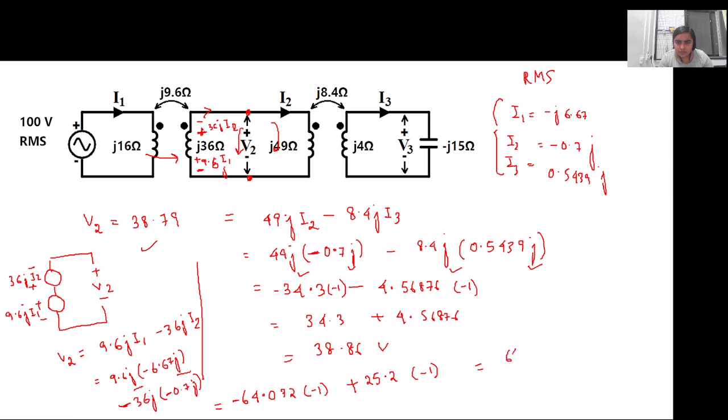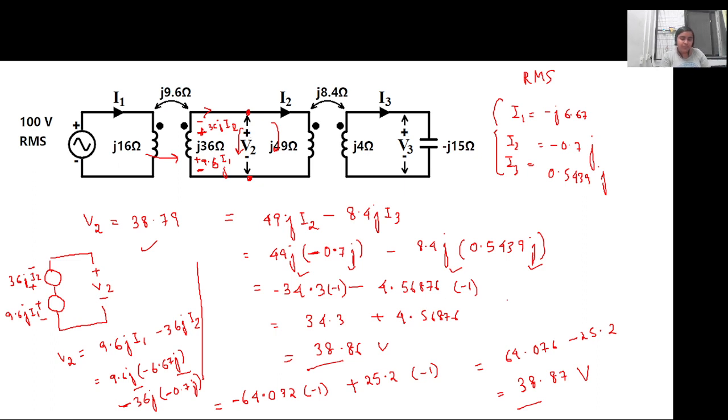So it is 64.076 minus 25.2, which is 38.87. So it is coming out the same, right? The sign is the same in both cases. Yes, ma'am, it is correct. Ideally you cannot get the reverse sign.